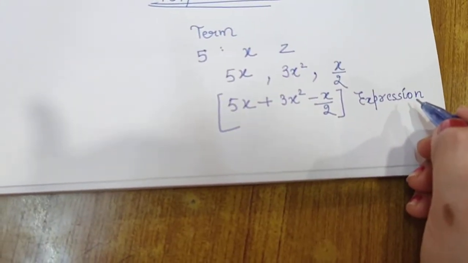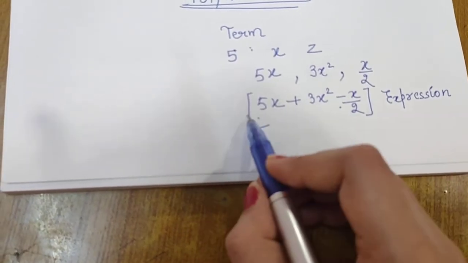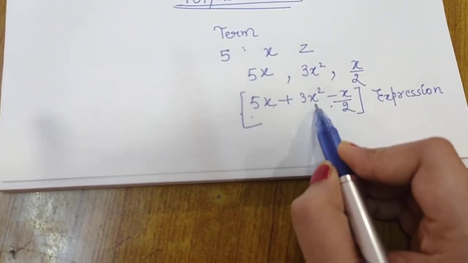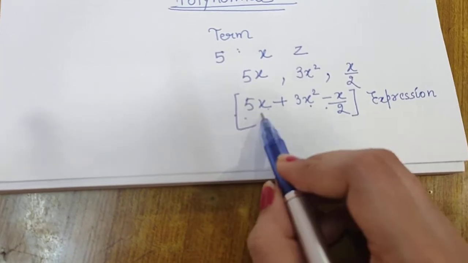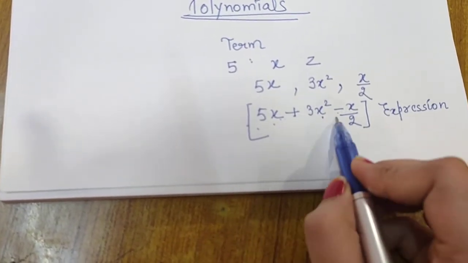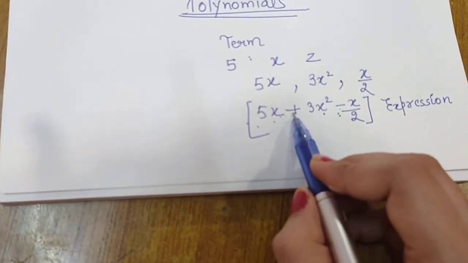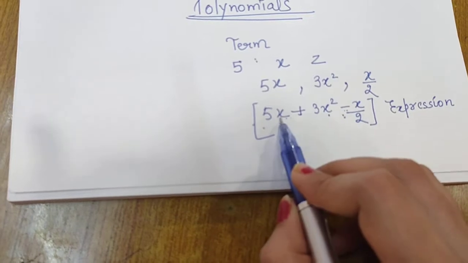Combination of terms means an expression where we have more than one term, and listen carefully, always plus and minus signs separate the terms, not multiplication and division signs. Always the addition and subtraction signs separate the terms.